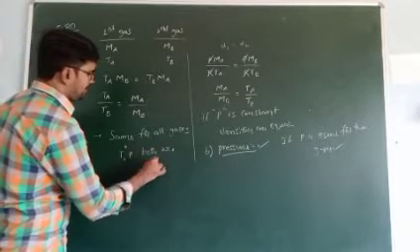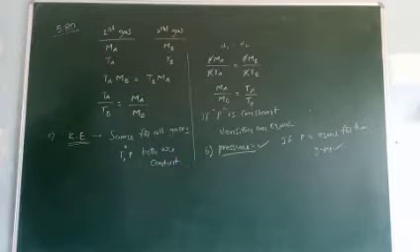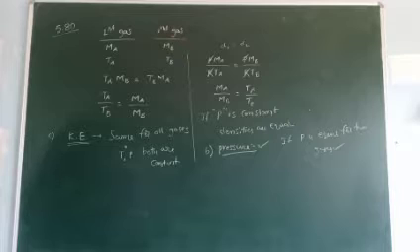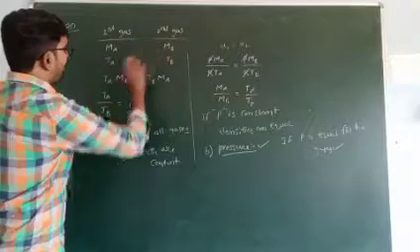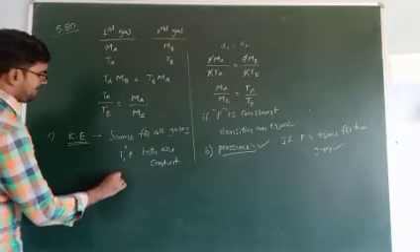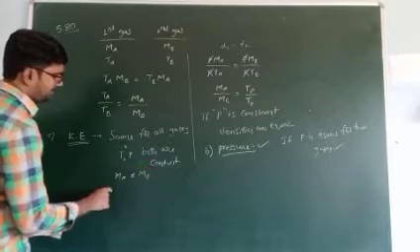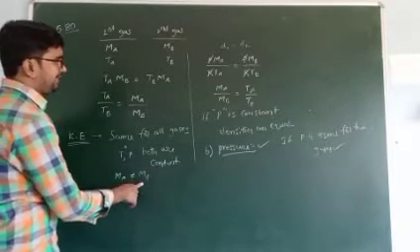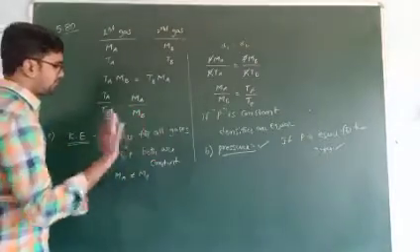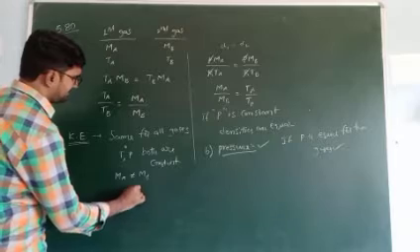Both are constant, then the kinetic energy is constant. But the molecular weights are different here. Ma is not equal to Mb. If molecular weights are different, the movement of gas is also different. That's why kinetic energy is different in this case.